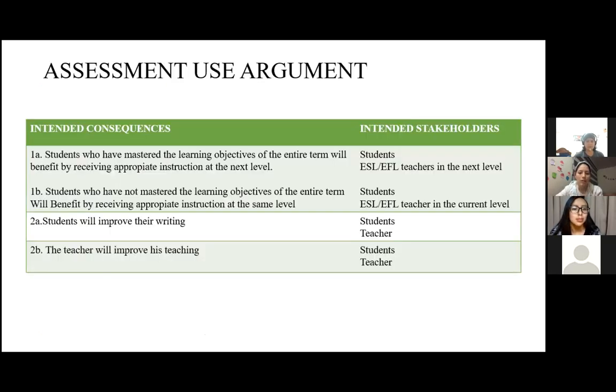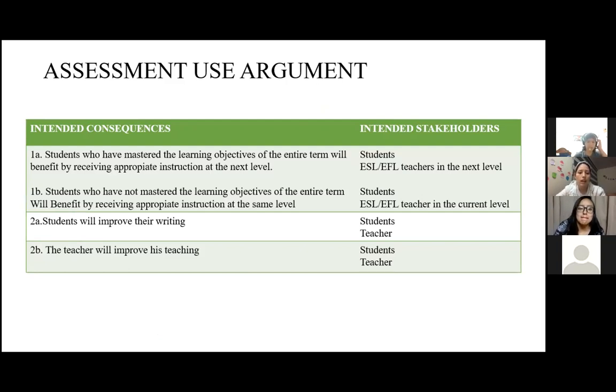After that, we have to analyze the feasibility of implementing the activity by taking a look at its possible outcomes. As you can see, we have two main elements. The first one, the intended consequences, which are the possible outcomes of the implementation of the activity.